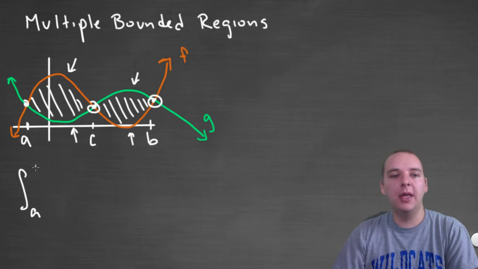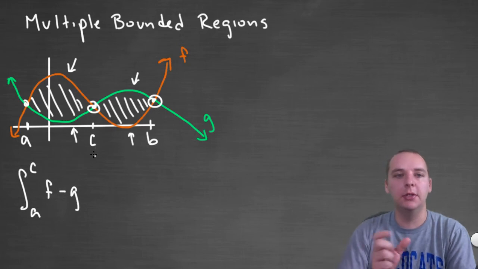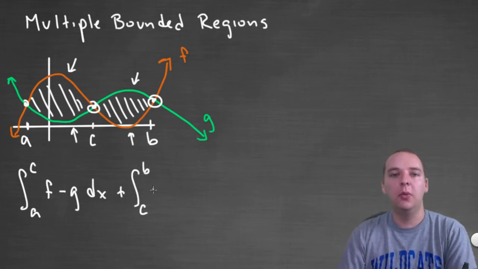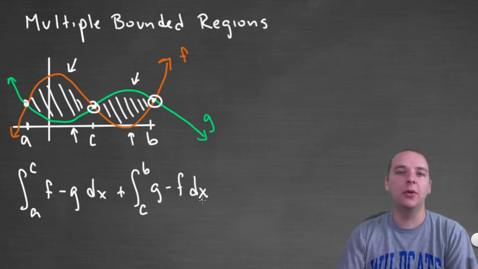We'll have the integral from a to c of f minus g, which is top minus bottom, dx, and then to that area I'll add the integral from c to b, the rest of the way, where I do g minus f dx. That's how we handle really all the different types of problems you'll see.